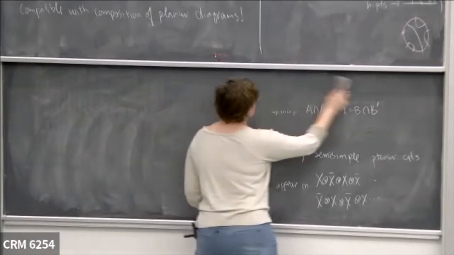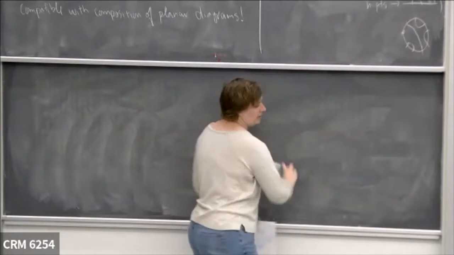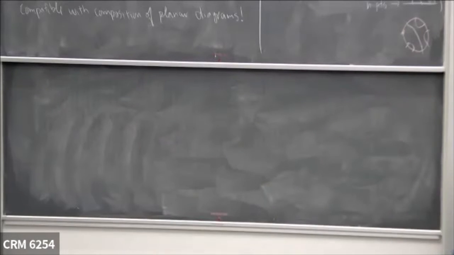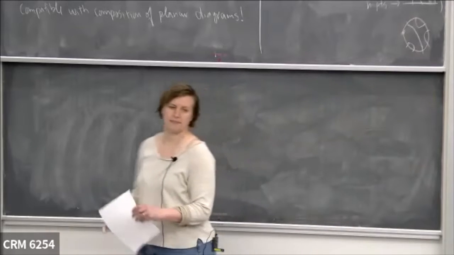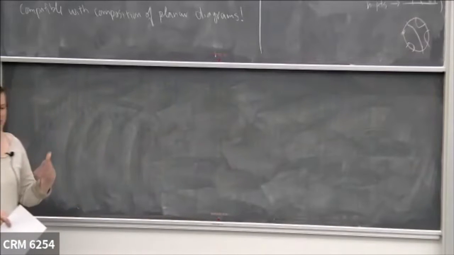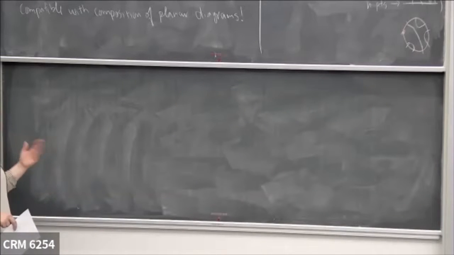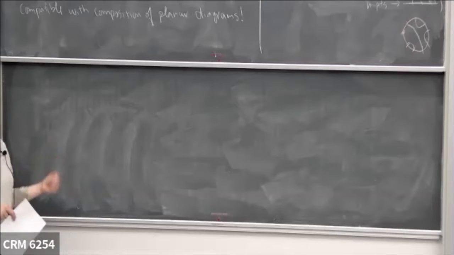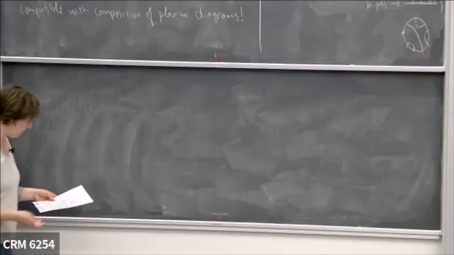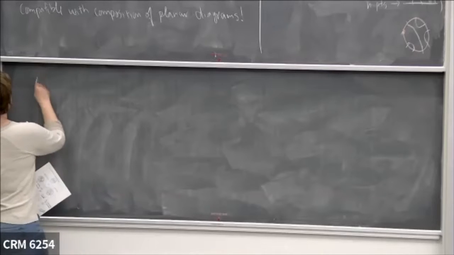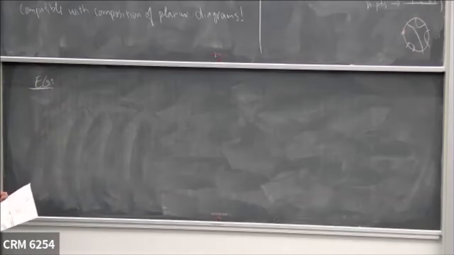And of course, the answer is that the same ingredients we were seeing earlier this week, a cup and a cap, horizontal composition, vertical composition. If we have some sort of algebraic object where we can make sense of those, then we can make sense of planar diagrams. Okay. And so with no details, I'd like to talk about the subfactor example.